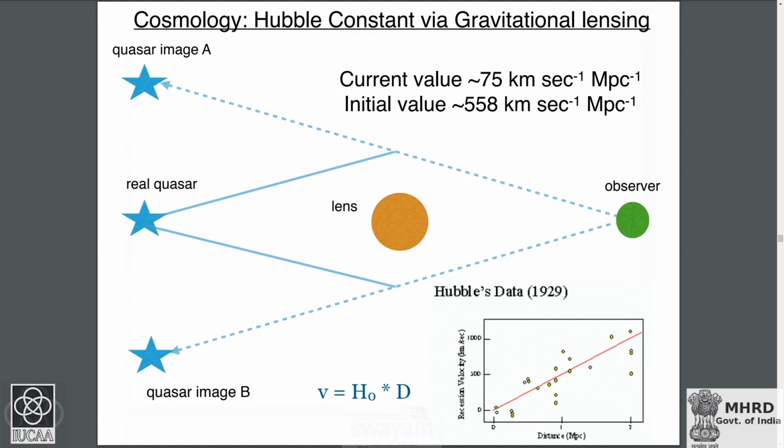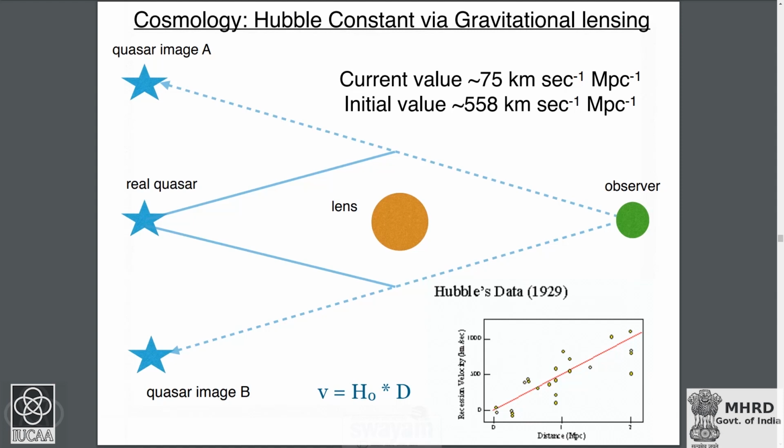As it passes through a highly gravitating object, the light gets bent, and instead of a single quasar we see two images of the quasar. This two image system depends on the configuration of the quasar, lens as well as the observer. In the simplest case of this two image system, the light coming from these two quasar images will take different paths to reach the observer.